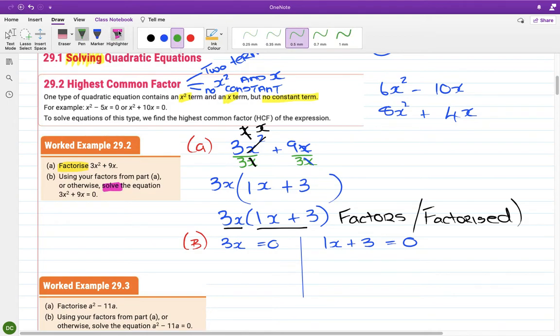So I want to isolate this x. At the moment it is being multiplied by 3, so I will divide it by 3 to cancel and divide it by 3 for balance. So x equals 0.